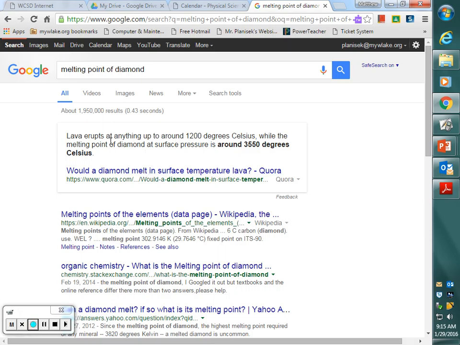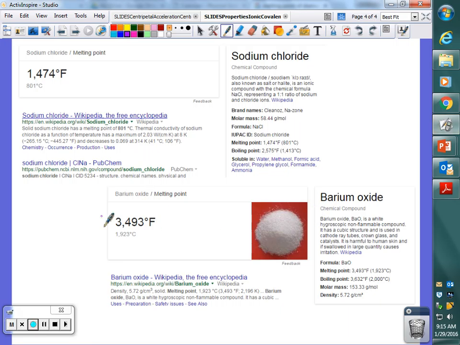Oh, there it goes. So the melting point of diamond at surface pressure is around 3,550 degrees Celsius. So that's even high. That's even higher than the melting point of barium oxide, which is 1,923 degrees Celsius, right? So that interconnectedness of those atoms makes it really hard to separate.